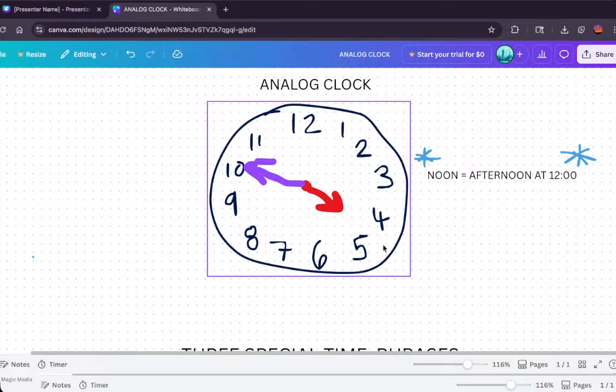This example also helps us see how the hour hand slowly moves between numbers as the minutes pass. As the clock approaches 5 o'clock, the hour hand moves closer and closer to the number 5. Understanding this movement can help us avoid mistakes in the future when we are reading time.